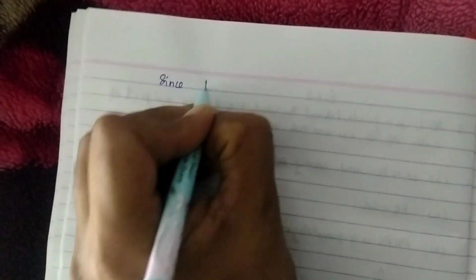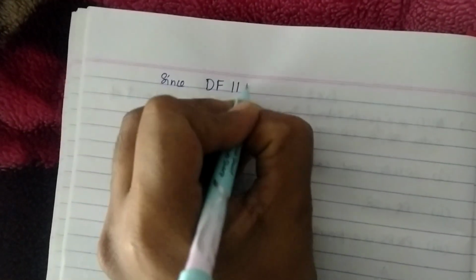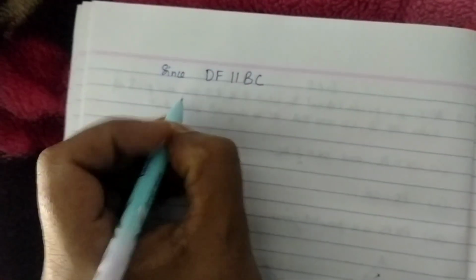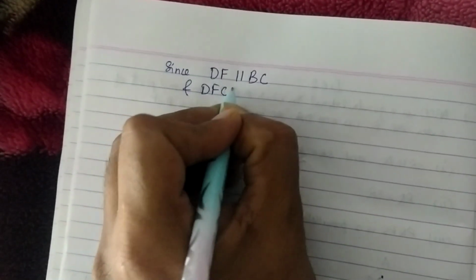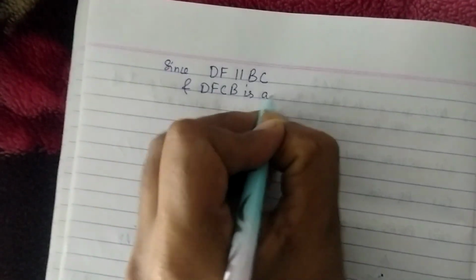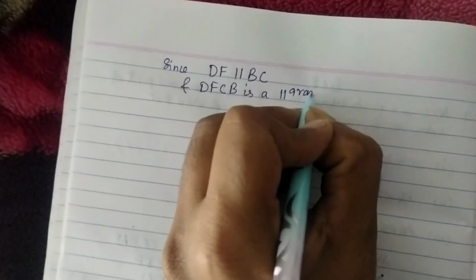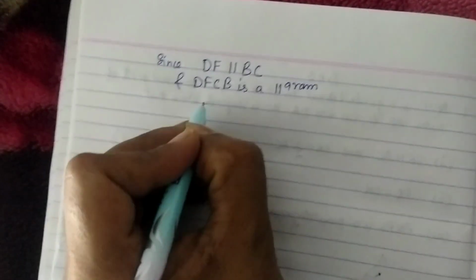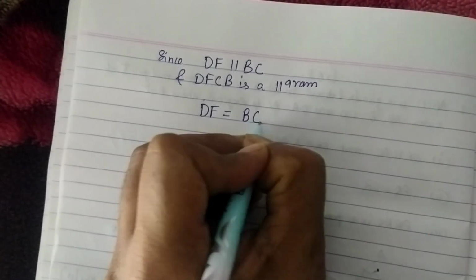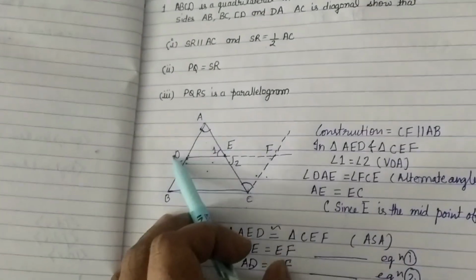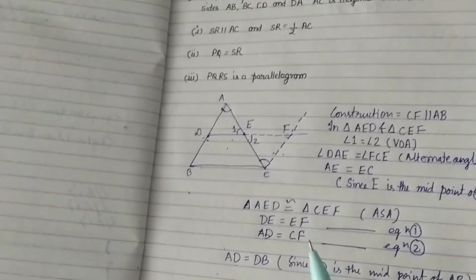Now since DF is parallel to BC and DFCB is a parallelogram, hence DF will also be equal to BC. It will be parallel and equal also. DF, how can you write?